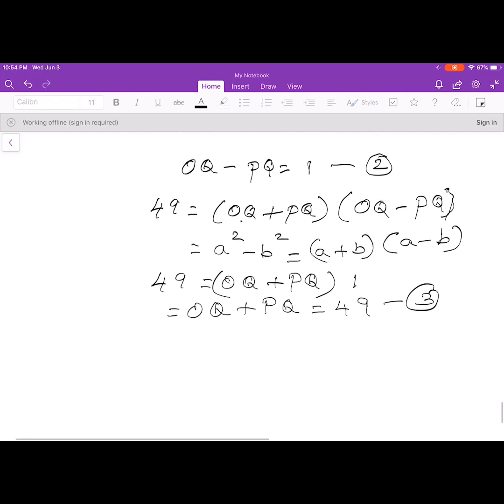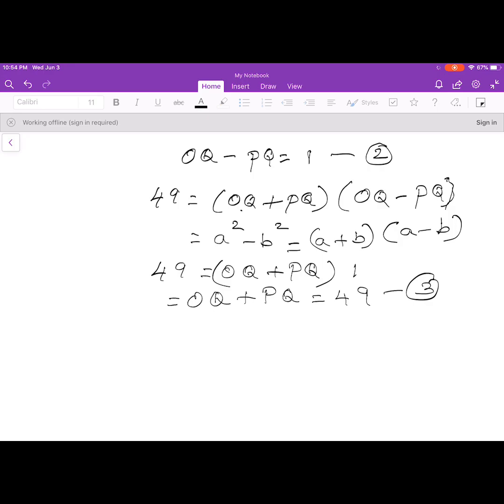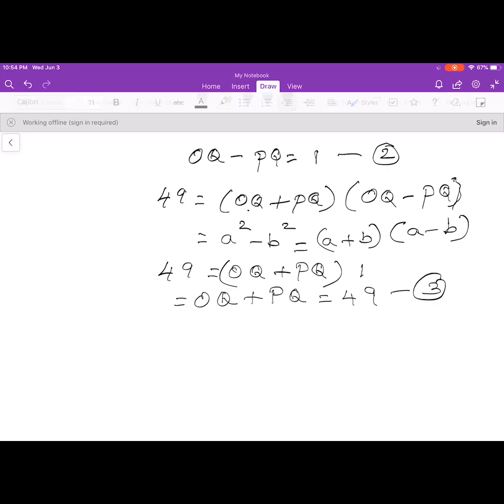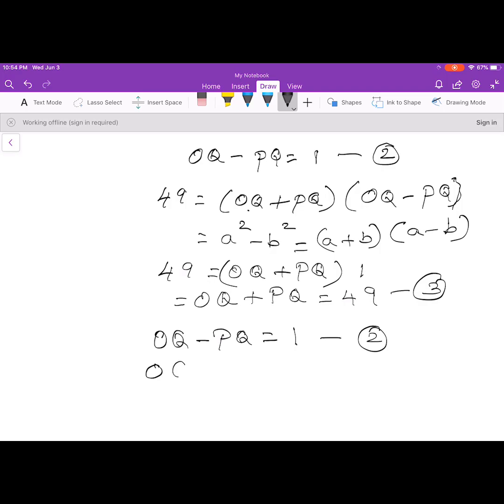My equation 2 is OQ minus PQ equal to 1, and my equation 3 is OQ plus PQ equal to 49. I can use any method for solving these two equations: substitution, elimination, cross multiplication, whatever method you want.